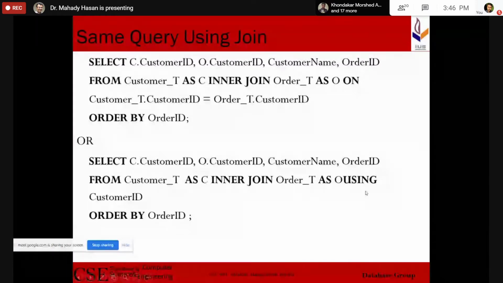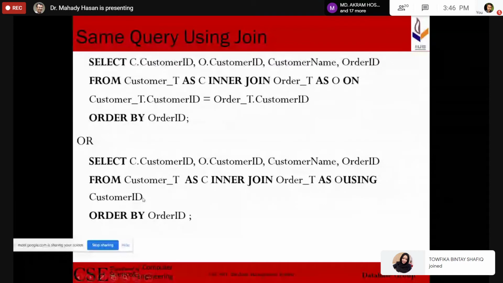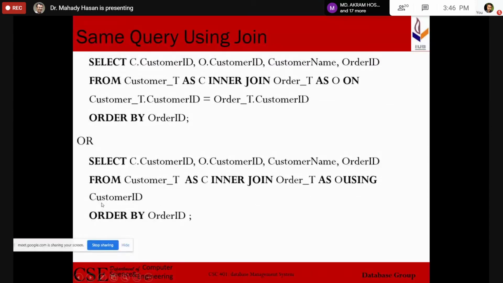Once we say using, we can simply mention the common attribute between these two that is required for the join. So if we have the same attribute with the same name, then we can use the using statement. But if the names of the attributes are different, if we want to join based on some other attribute, then we have to use the previous version. Is it okay?